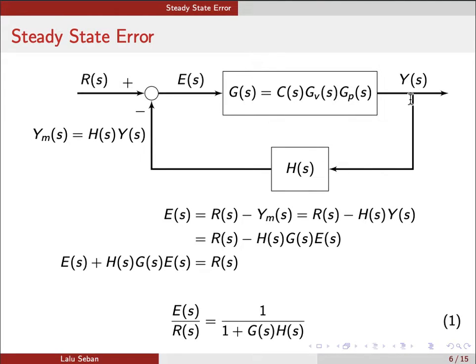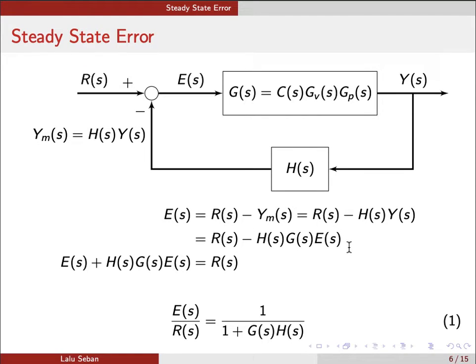Then again the same principle we can apply here. Here Y(s) is the output signal, which is nothing other than the product of the transfer function G(s) and the input E(s). So replacing Y(s) as G(s) into E(s), we will be having this representation.